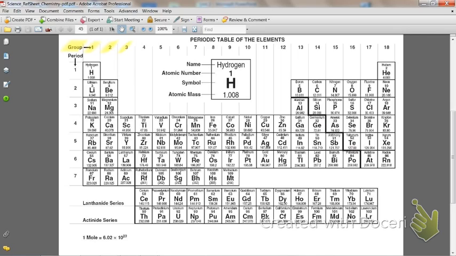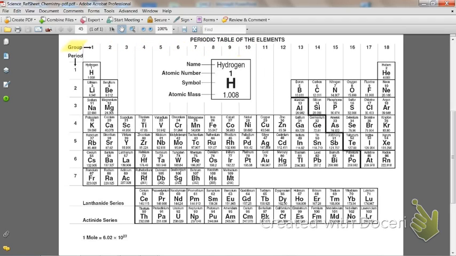1, 2, 3, 4, 5, 6, 7, 8, 9, 10, and so forth. And so each group, this is group 1, group 2, group 3, group 4, and so forth. And remember, elements are grouped into groups based on their chemical and physical properties. Okay, I'm going to erase these arrows because we're going to fill in some other things here.